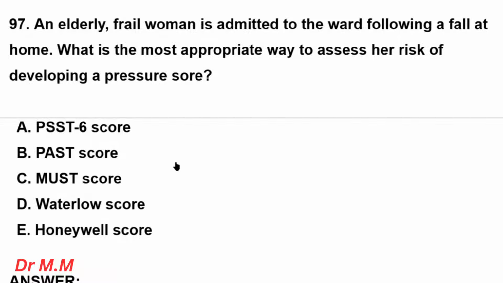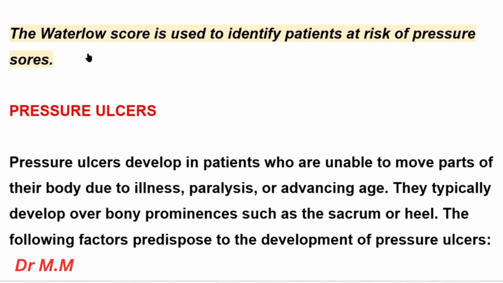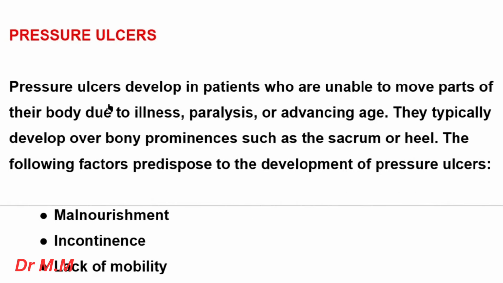Here we are going to explain about it. Waterlow score is used to identify patients at risk of pressure sores. Pressure ulcers develop in patients who are unable to move parts of their body due to illness, paralysis, or advancing age.